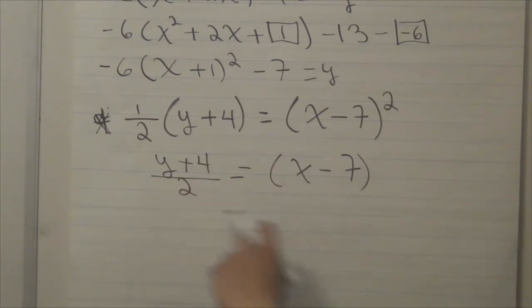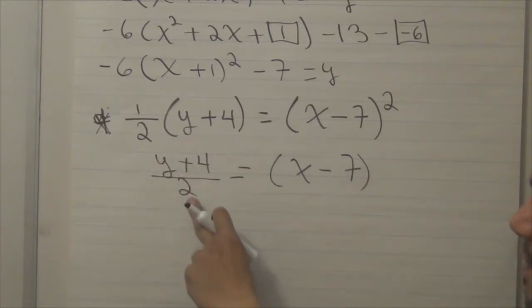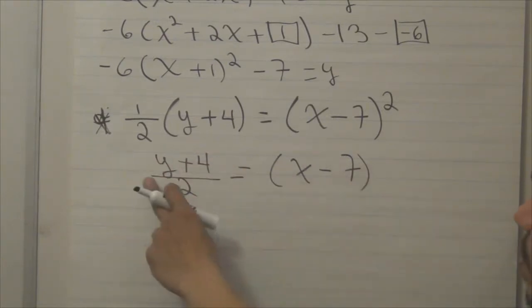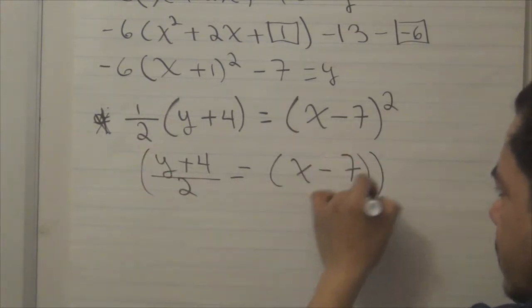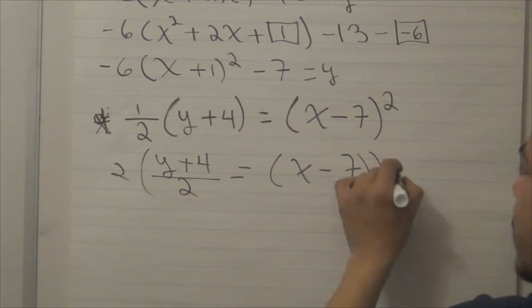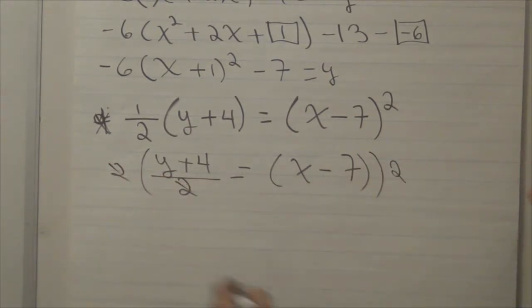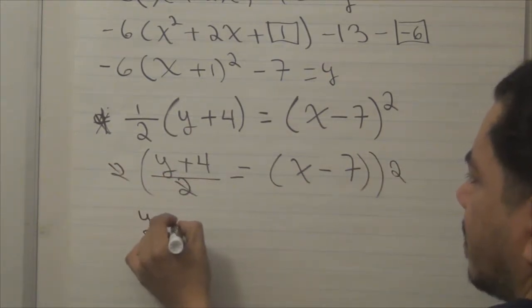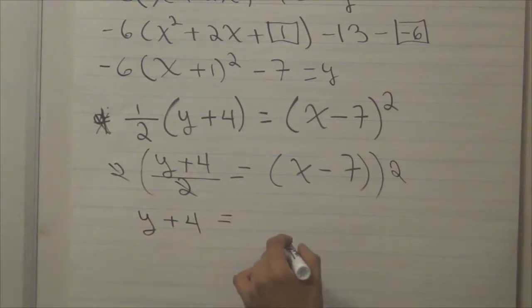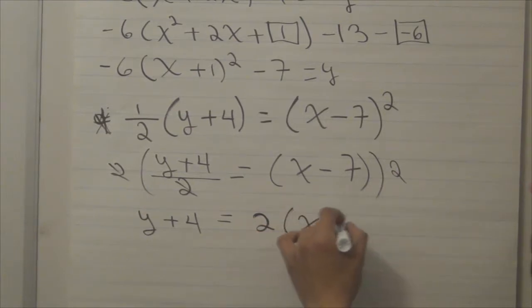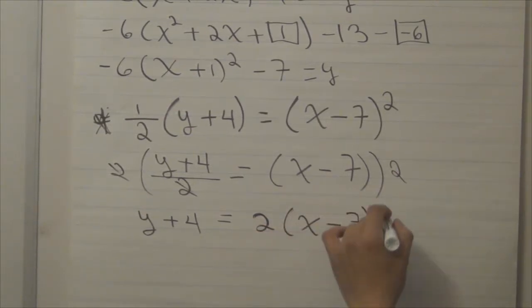Now, because it looks easier for me, I'm going to multiply both sides by 2. This whole thing is being divided by 2, so if I multiply by 2, it's going to cancel. Now I have y plus 4 equaling 2 times (x minus 7) squared.